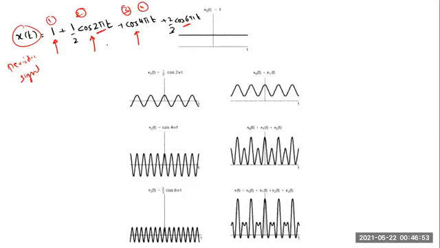So just to give you a visual idea, if you consider only the first component, which is the constant one, what will be the graphical representation? If you plot this signal with respect to time, you will get this straight line. Let me call this x0.